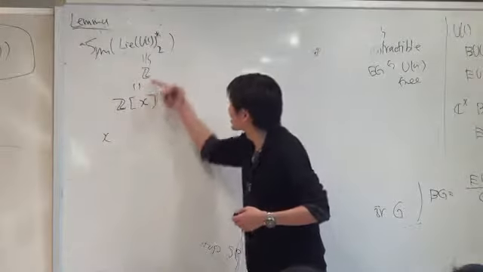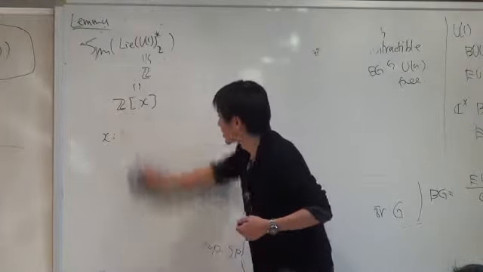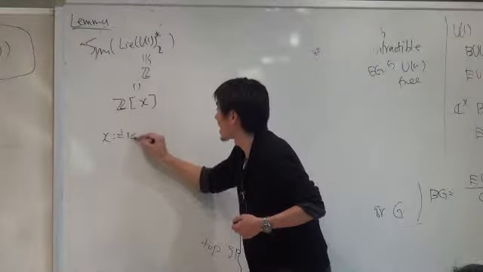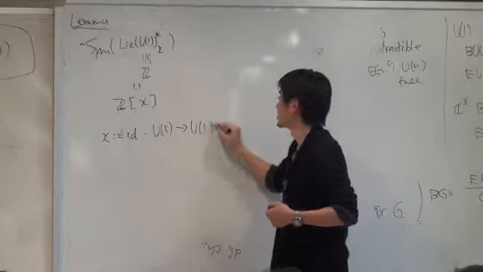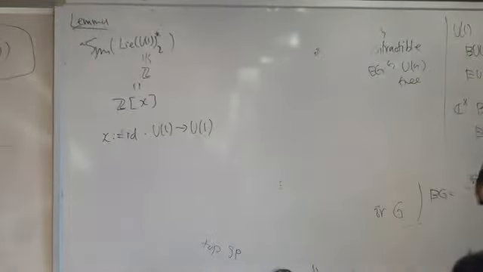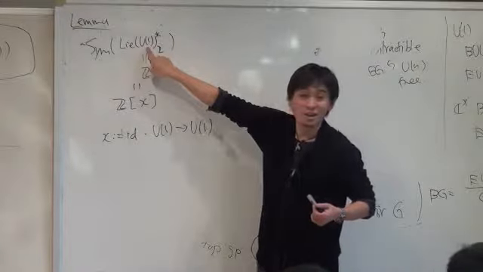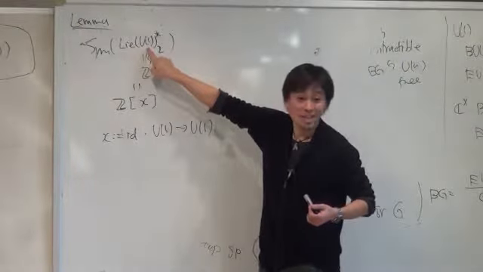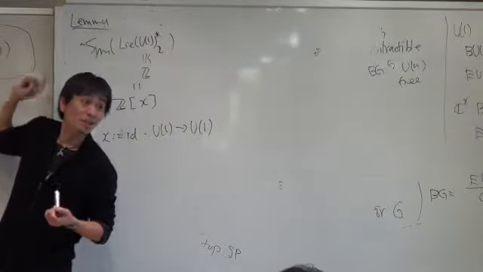And this X is the canonical generator, which corresponds to the identity map from U1 to U1.